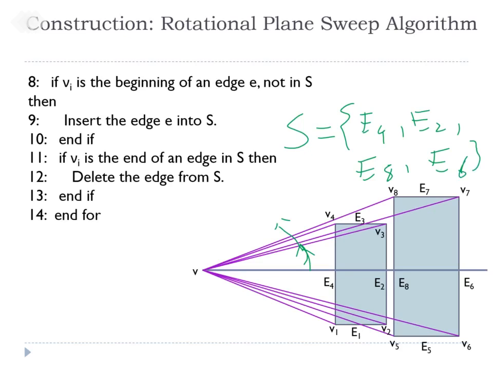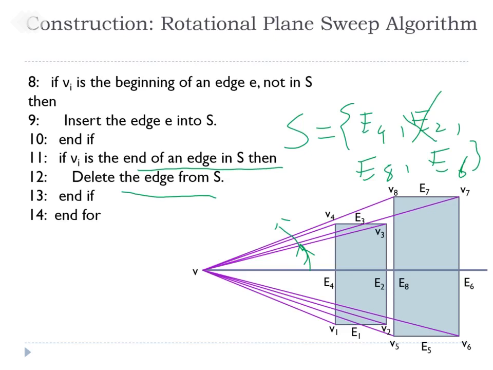Now we find that at this point V3, when we are reaching the line of sight which is coinciding with VV3, E2 is the edge for which V3 is the end point. So it is written, if Vi is the end of an edge in S, which is already in S, then delete the edge from S. So we will be deleting the edge E2 because it is not going to obstruct the line of sight any further.